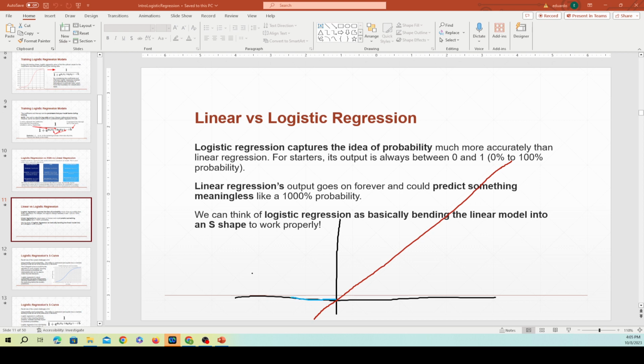Instead of letting it keep going to infinity, you make it equal to 0, and then you make this, and then this, where this is equal to 1. So you see, this is still going to represent a probability between 0 and 1. But again, it doesn't fit the data as well as a logistic regression. So instead, we should have it look better like this.